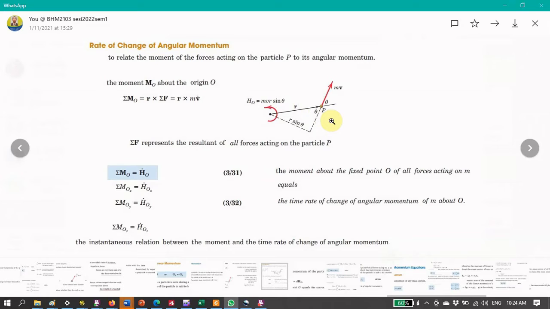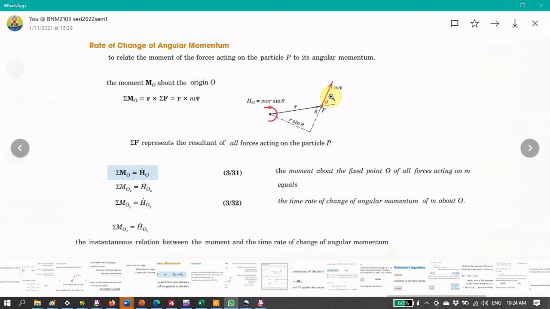And that is equal to the position vector times the linear momentum. So that gives us the moment about the origin, and that is the definition that we obtain, right?